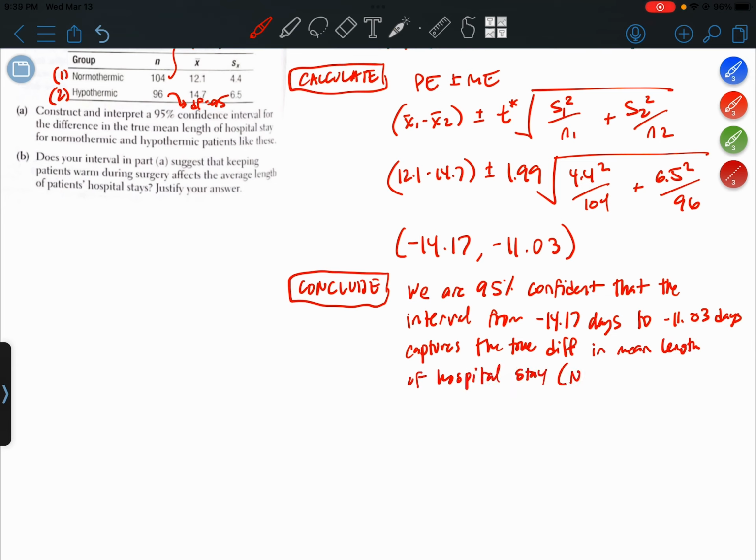And that was the normothermic group minus the hypothermic group.